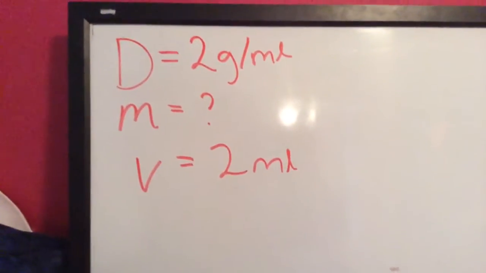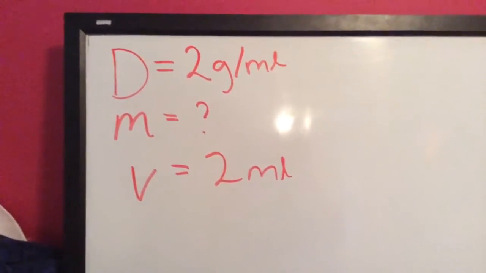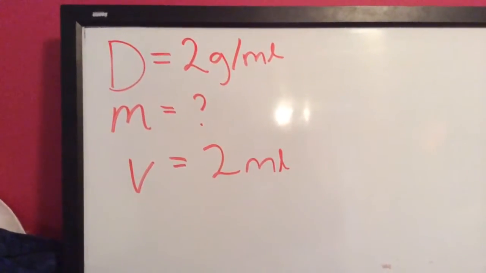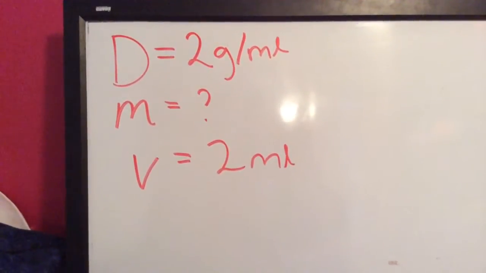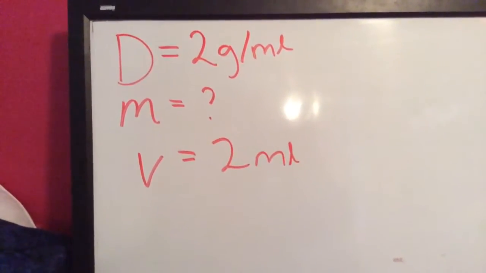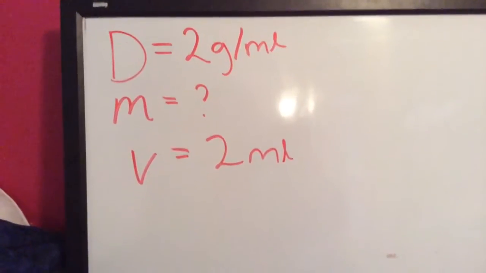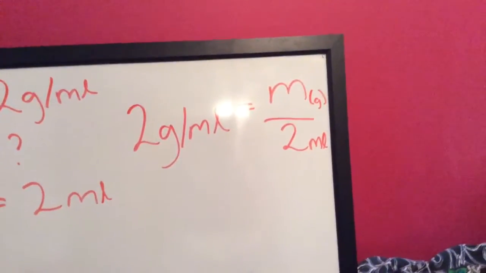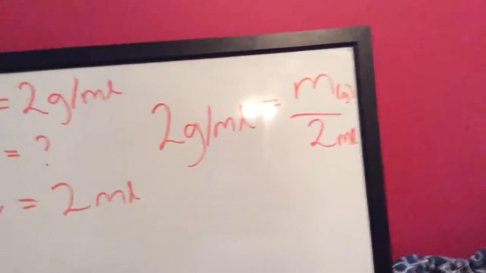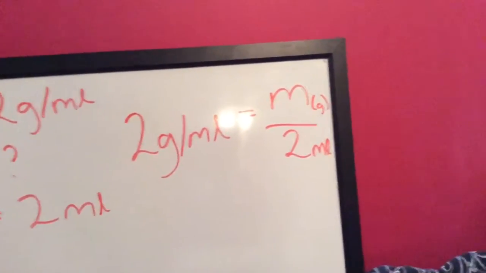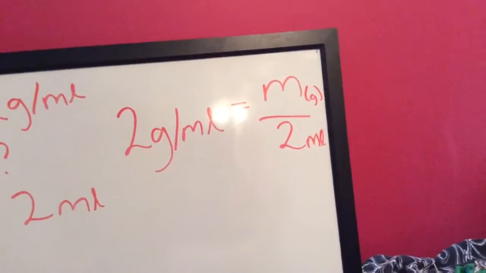Another example of a problem you might get is when your density and volume is given and your mass is unknown. So here we know that our density equals 2 grams divided by milliliters, our mass is unknown, and our volume is 2 milliliters. The next step was to put your information into the density formula. So we know our density is equal to our mass over volume.